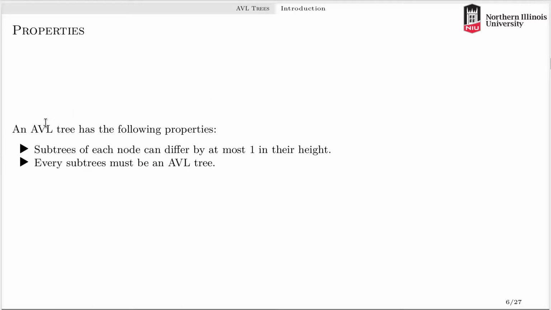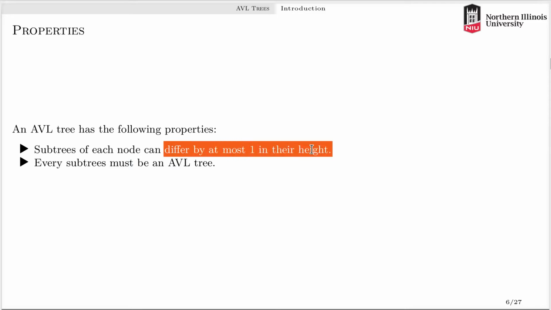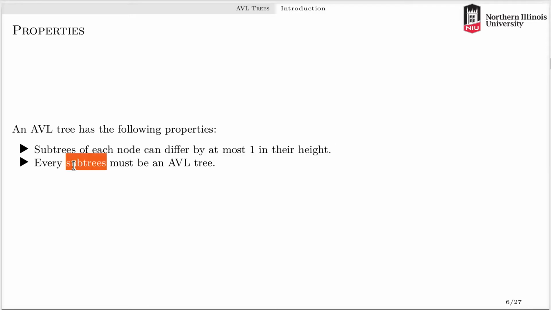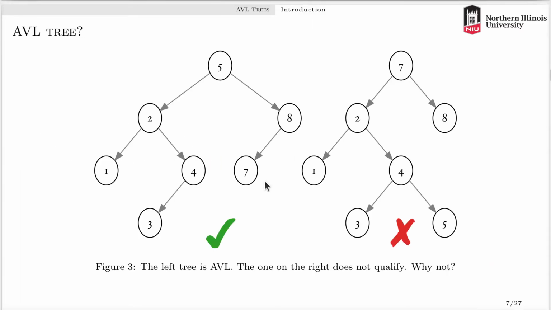So formally, we can then say that in order to be an AVL tree, it must conform to the following properties. Any subtree of any node can differ by at most 1 in their height. And then recursively, we have to say that every subtree, then, must also be an AVL tree. So let's see how that works. What does that mean?